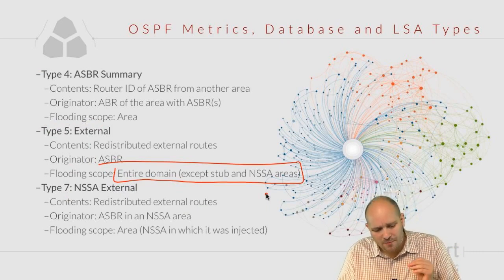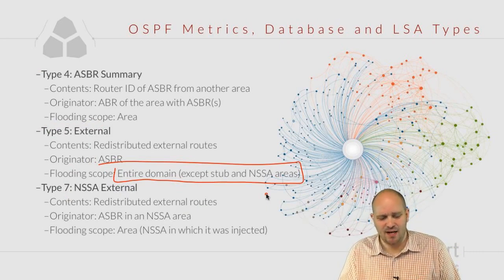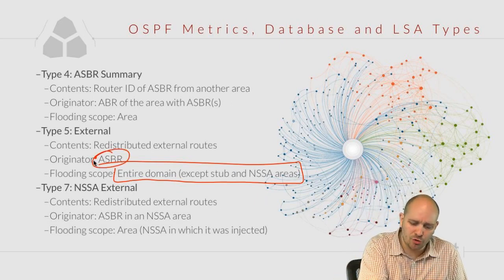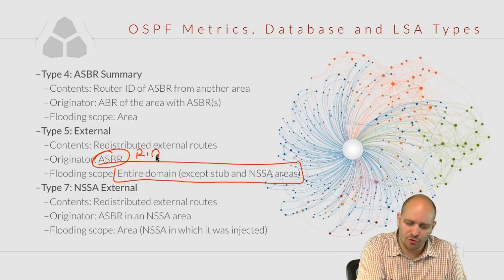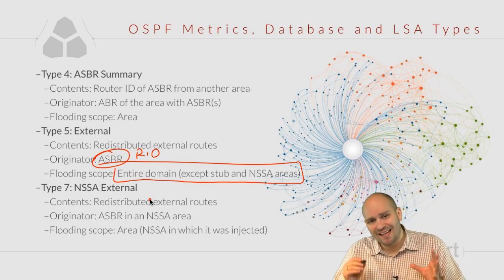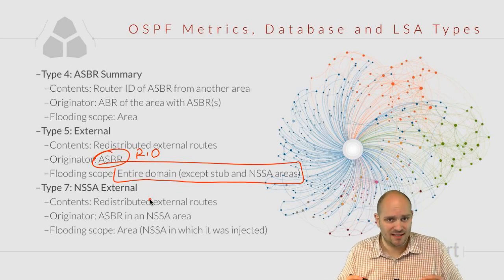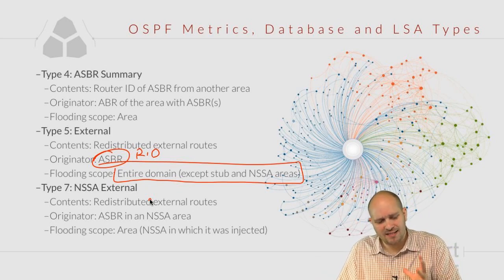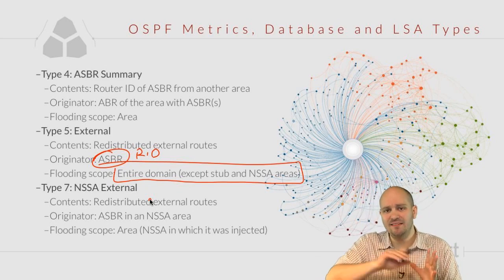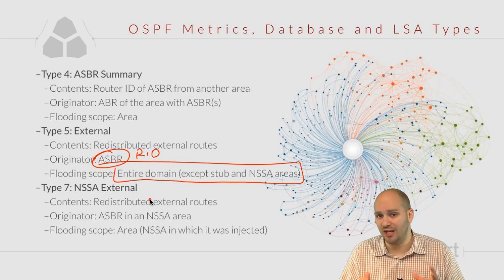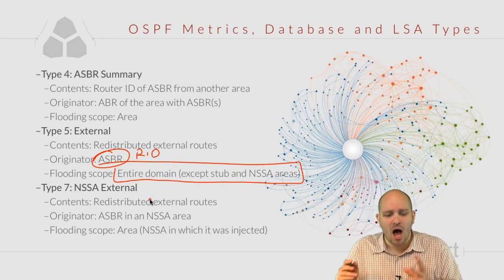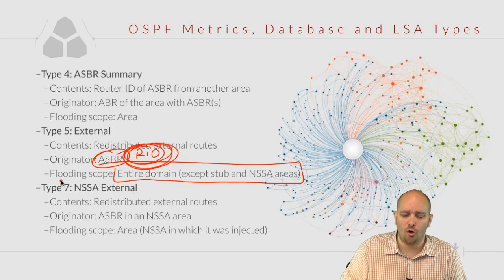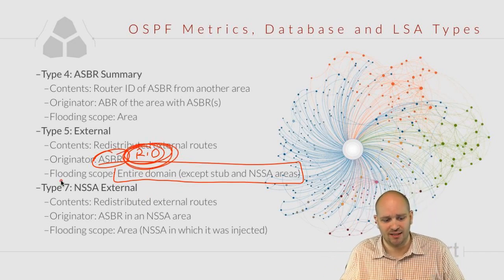So when these LSAs are advertised throughout our network, the information about the router ID of the router that generated it is going to be carried with this route. Now, this means that when this type 5 LSA leaves the area in which it was generated, in which it is injected, other routers may not know about the router ID of the ASBR that injected this route.